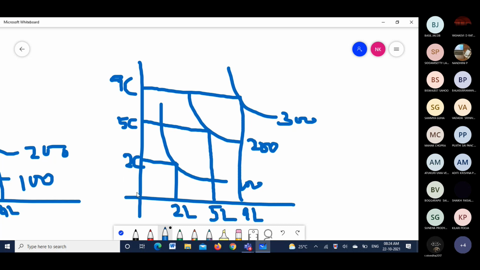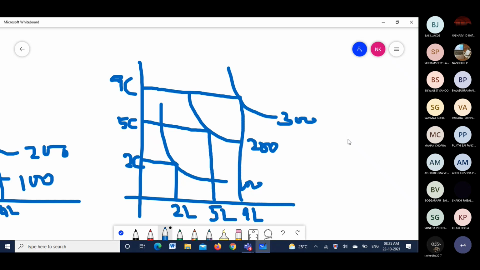For the first 100 units, 2 is used. For the next 100 units, 3 units are used. And for the next 100 units, 4 units are used. So to get the same proportion, they are increasing the input combination. The labor-capital ratio, they are using more to get the same amount. So it means that they are in diminishing returns.